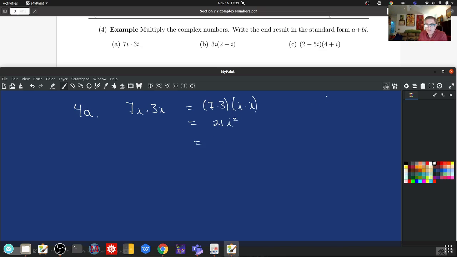But remember, i squared is equal to minus 1. So this is 21 times minus 1, which is just another way of saying minus 21.